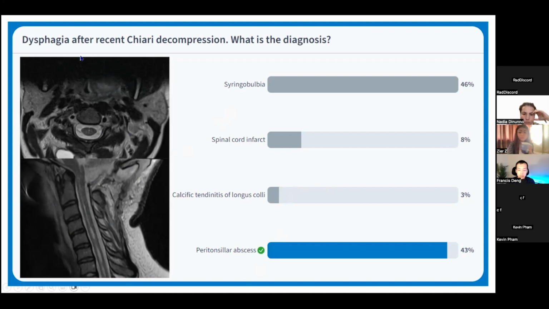So the cause of dysphagia was unrelated to the Chiari decompression; it was an unsuspected diagnosis of tonsillitis with a peritonsillar abscess. This is just a corner shot recognition of a T2 hyperintensity in the peritonsillar tissues associated with some retropharyngeal edema seen on the sagittal image, and not syringobulbia, which would be a T2 hyperintensity in the medulla.